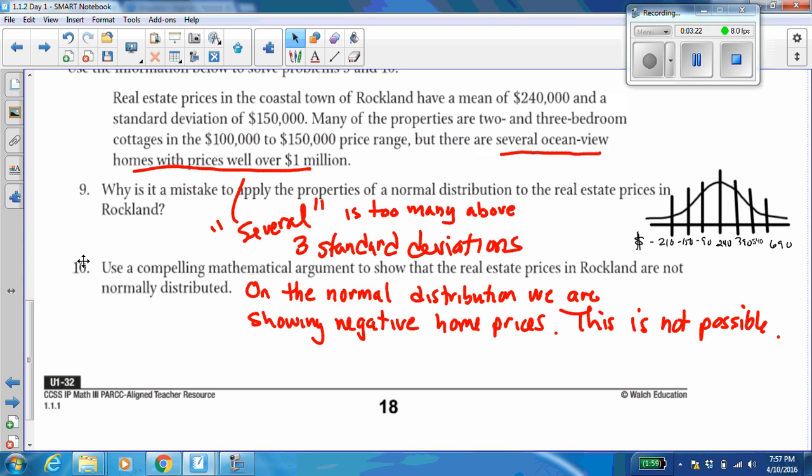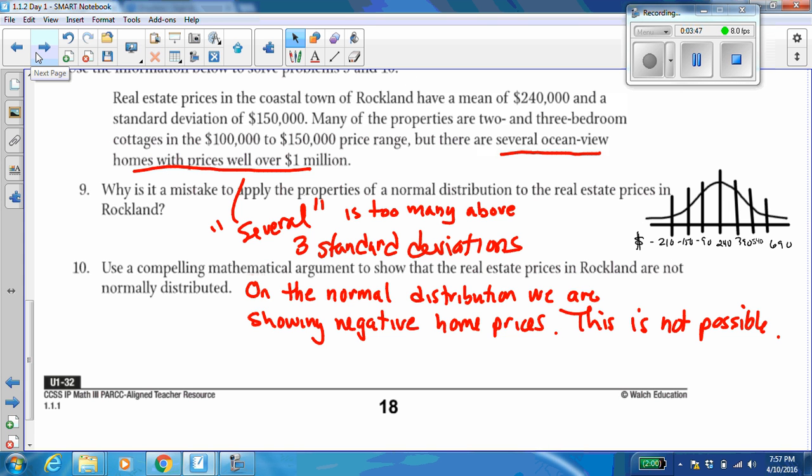So we run into some issues there, as well as if you end up drawing out the normal distribution like we have here, we end up getting standard deviations, actually 1, 2, 3, all 3 standard deviations to the left of the mean end up in negative dollar values, and that's not possible. So there's no way that that distribution could be normally distributed.